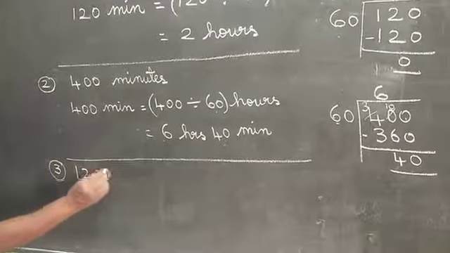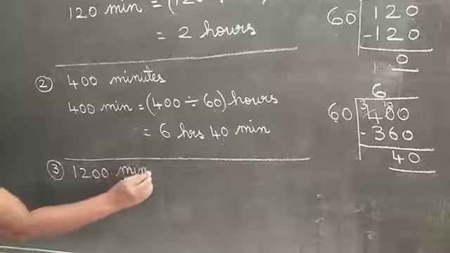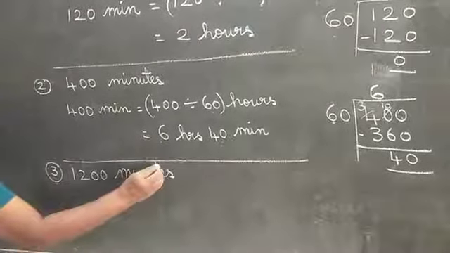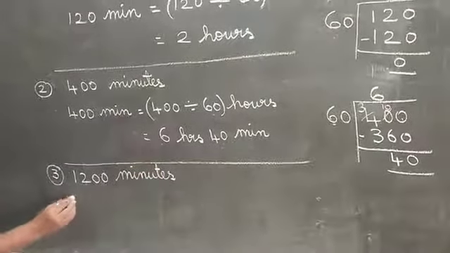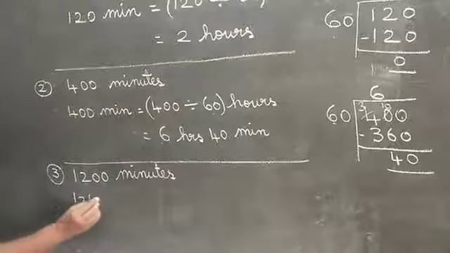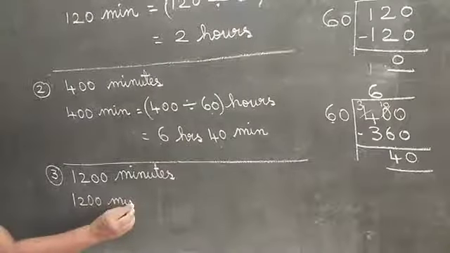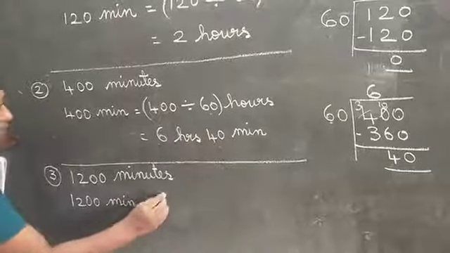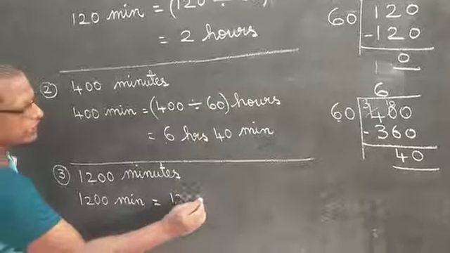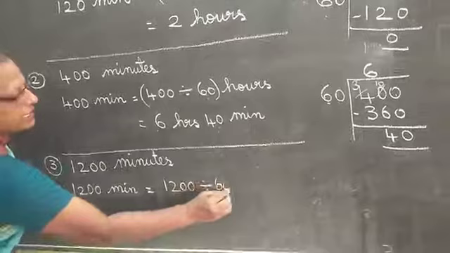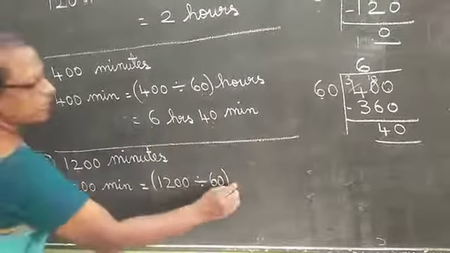1200 minutes. 1200 minutes is equal to 1200 divided by 60 hours.